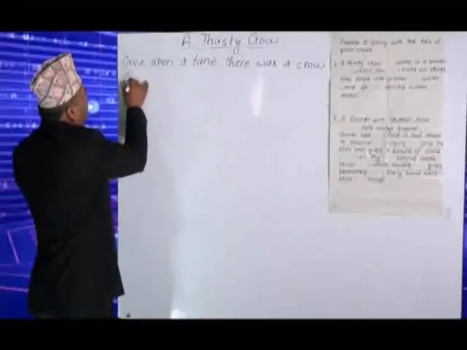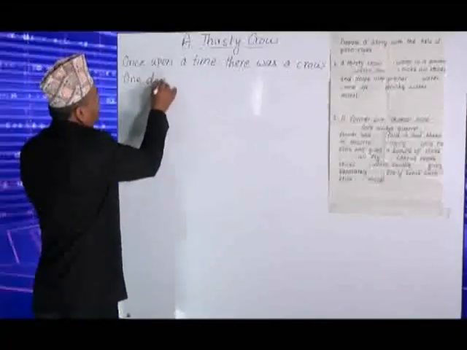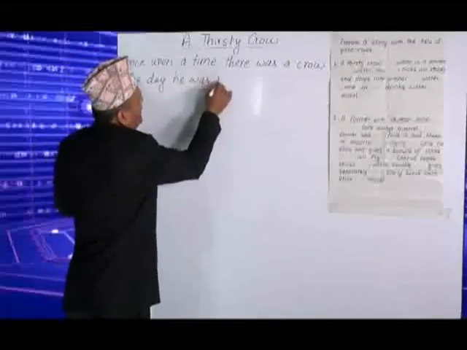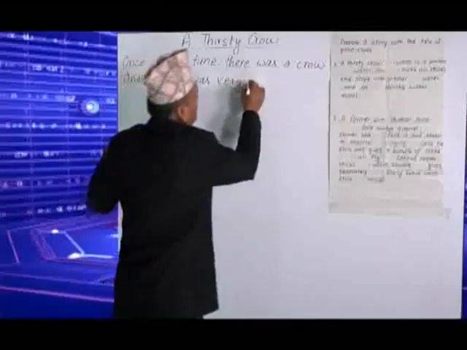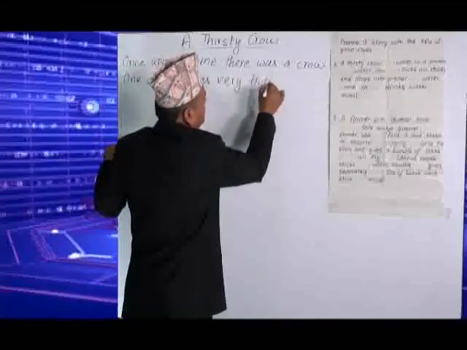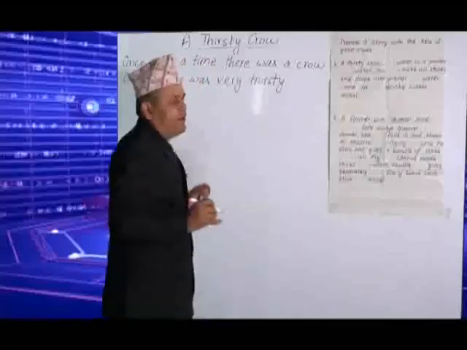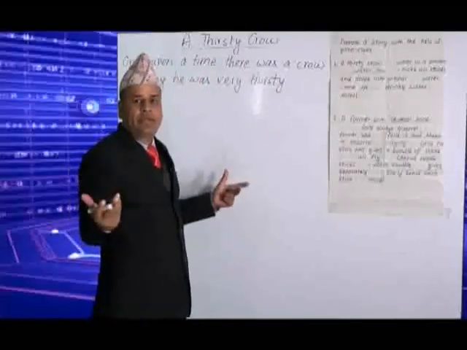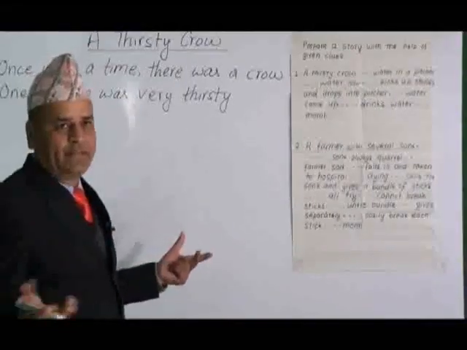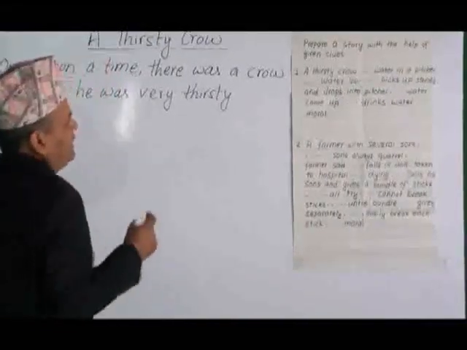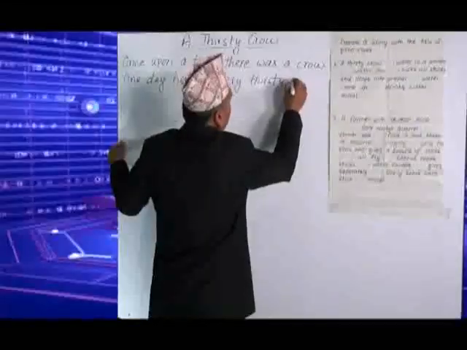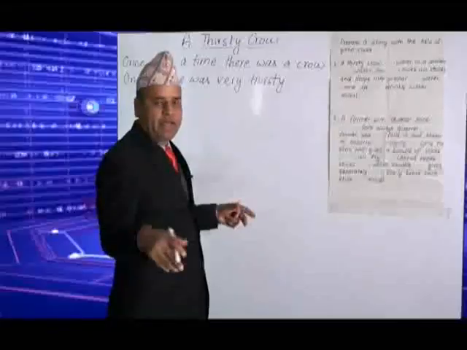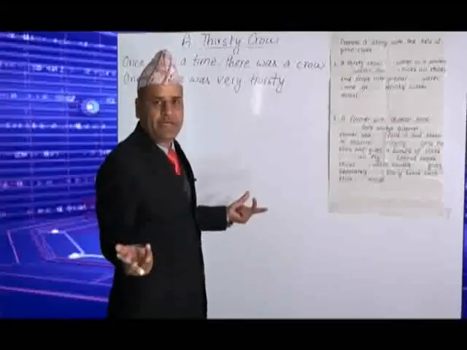One day, he was very thirsty. And when the crow was thirsty, what happened? The crow wanted to find some water. We can give he to the animal character sometimes, he or she, in the story.